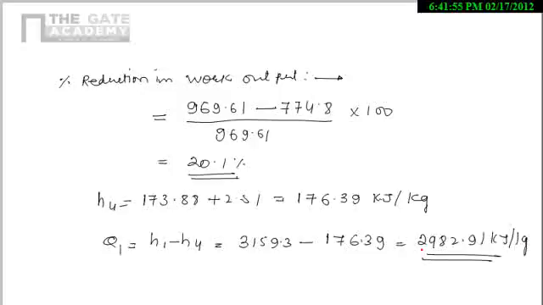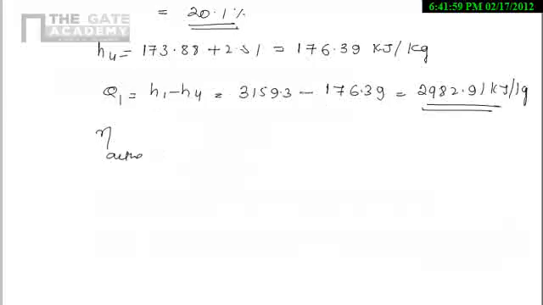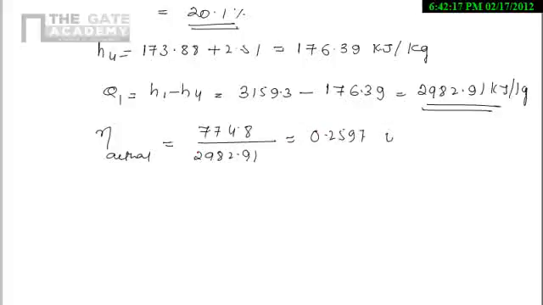Now we can also calculate the cycle efficiency for the actual cycle. The work done in the actual cycle is 774.8 and the heat supplied in the actual cycle is 2982.91. So we have 0.2597, or 25.97 percent.